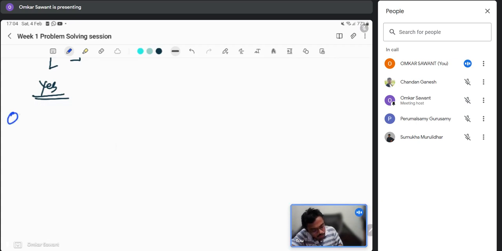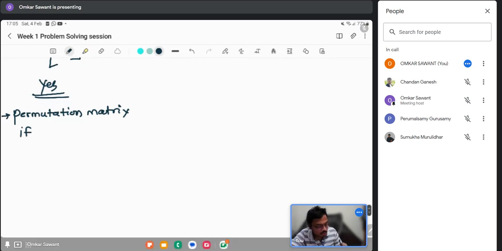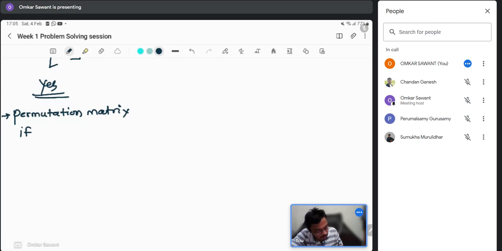So do you know the permutation matrix, right? If I want an nth order permutation matrix, how many permutation matrices are possible here?